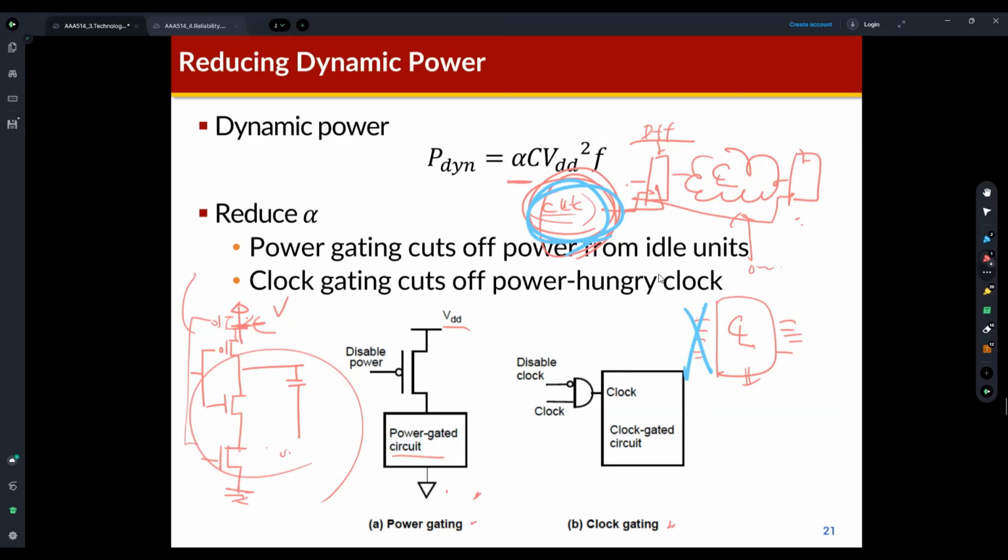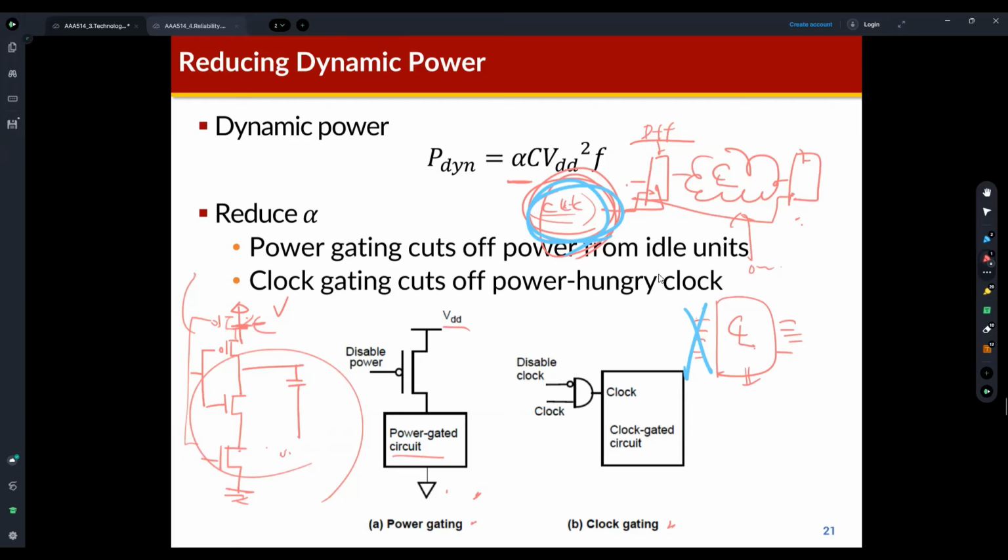The input signal is not given to this domain, which means it's turned off by power gating. So it's not actually related to dynamic power. The power gating technique is very highly related to static power consumption. Okay.